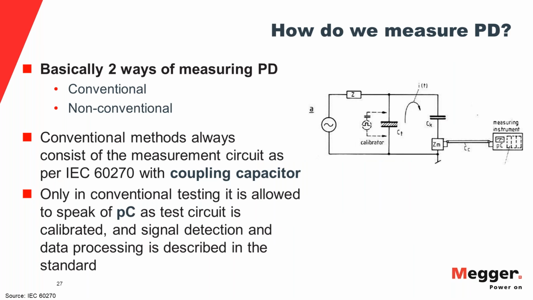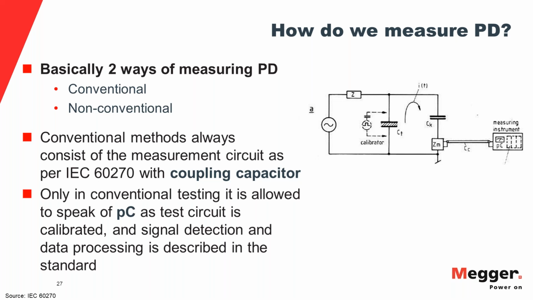So how do we measure PD? Just in short, there are two ways. There's conventional and non-conventional, and that is really the official terminology. Everything that is considered conventional testing always, everywhere, follows IEC 60270, the test circuits outlined in IEC 60270.